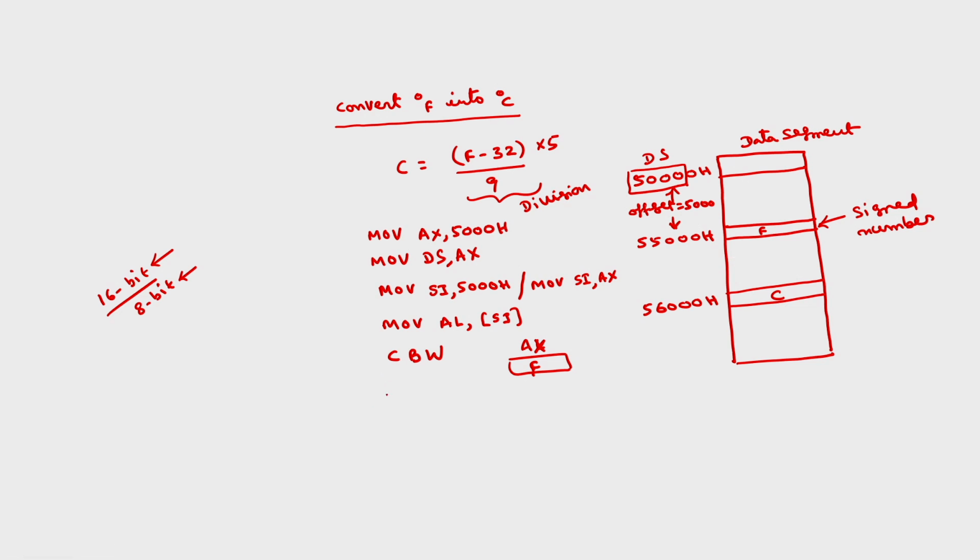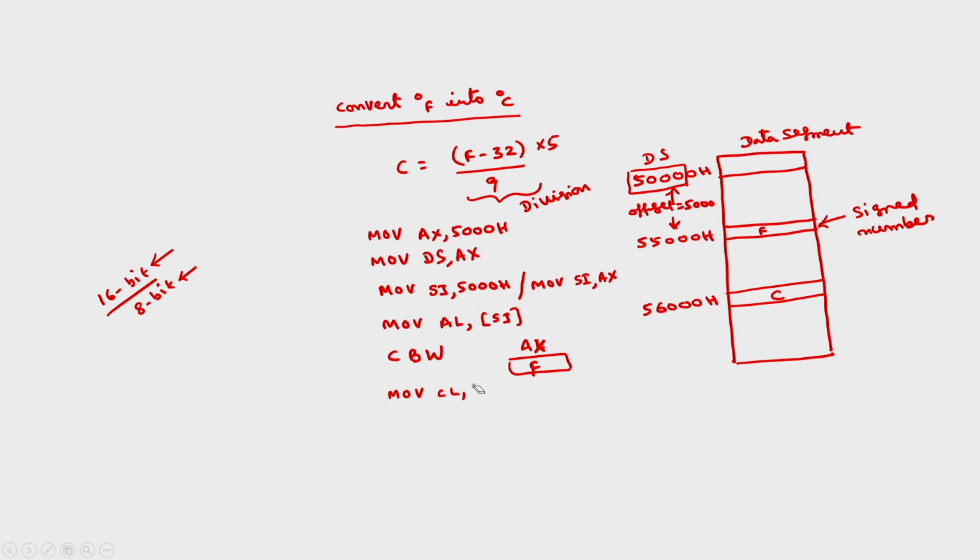Then you have to subtract 32. You take some CL or something, 32H. The problem is here 32 is decimal, but you have to subtract a hexadecimal value. So this will not be 32. What is the hexadecimal equivalent of 32?